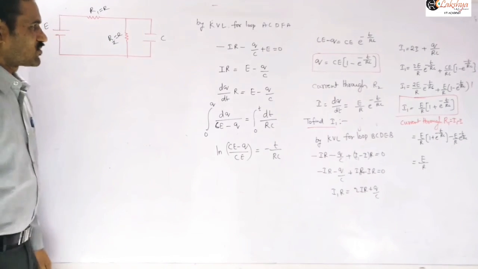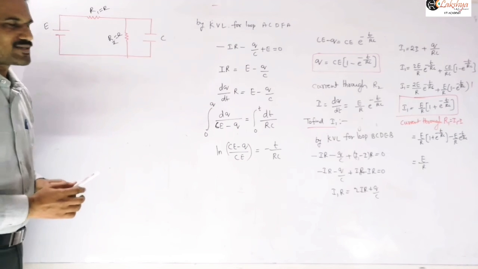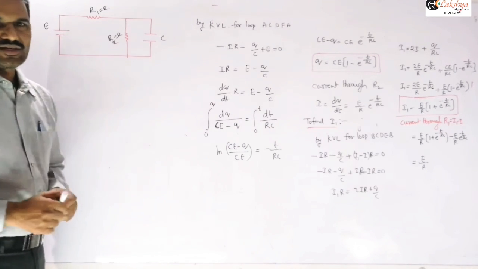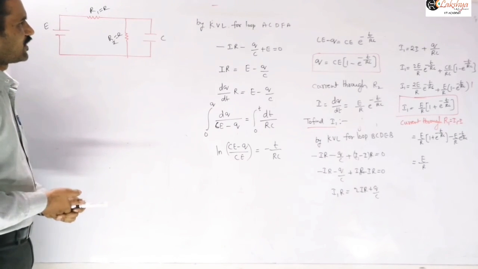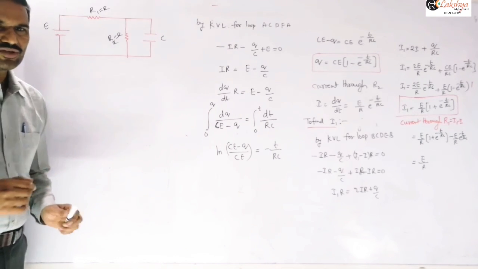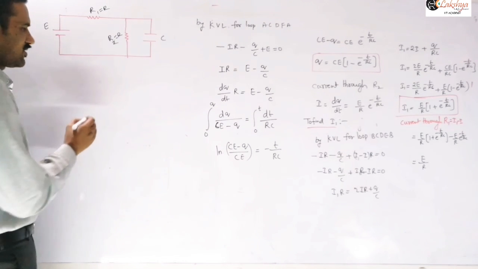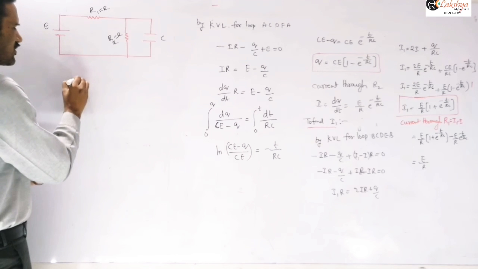So right. Now first we need to find the time constant. That is our first step if you want to answer this charge on the capacitor directly. So I mention the same question here: find the charge on the capacitor at any instant of time and the current flowing through the resistors. So for that, first I am finding the time constant here.